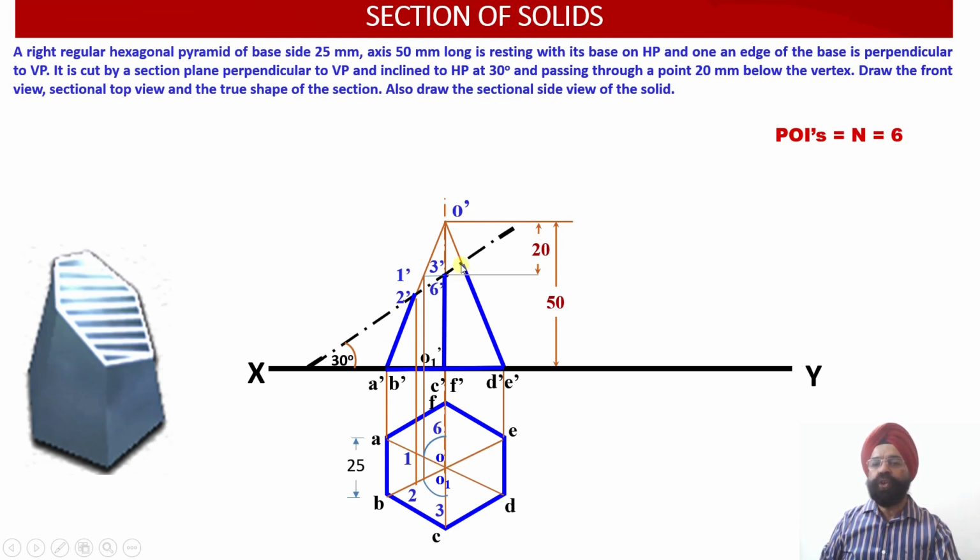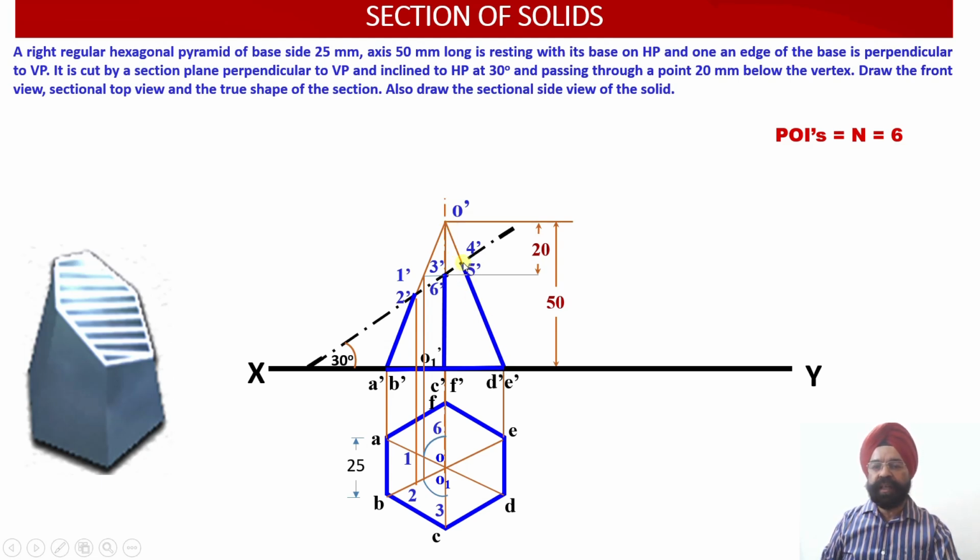Next, another 2 POIs are there which are going to cut my slant generators O dash D dash and O dash E dash. So my cutting plane is going to cut these 2 slant generators at the points 4 dash and 5 dash. 4 dash will be corresponding to O dash D dash, and 5 dash is corresponding to the generator O dash E dash.